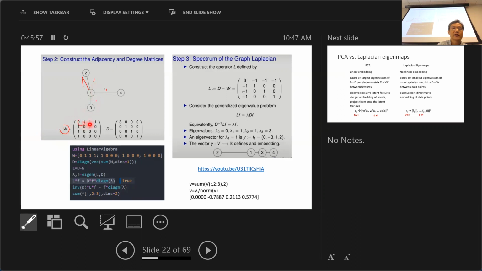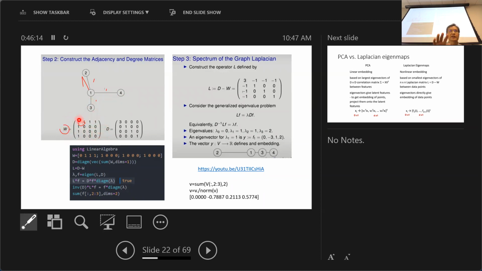So position 1, 3 in this matrix are linked with 1. Other places are all zeros because there is no link between 3 and 4.